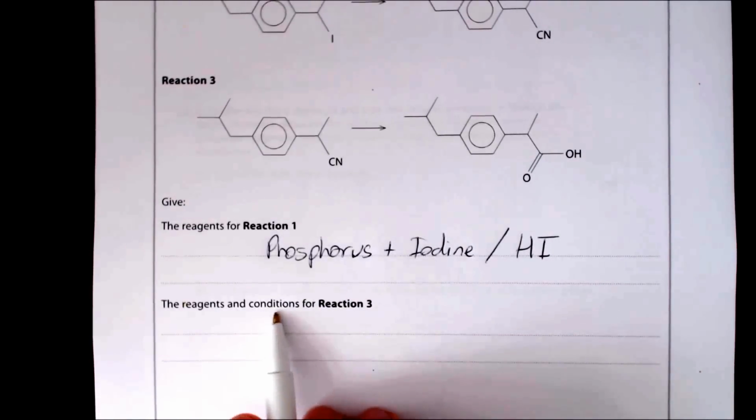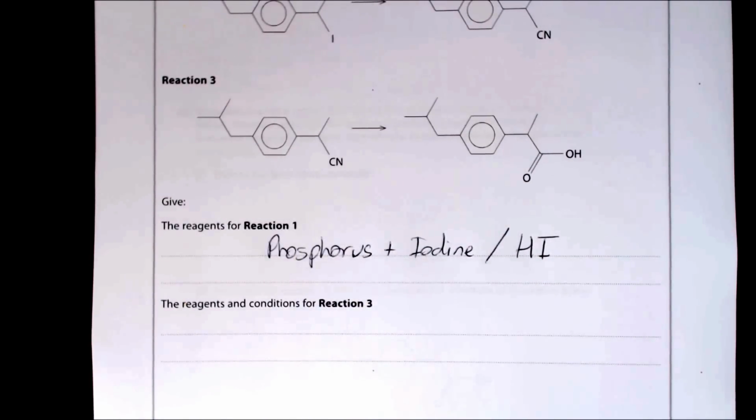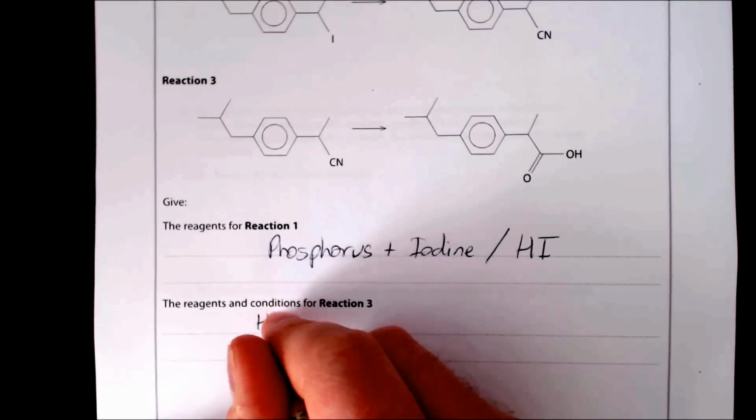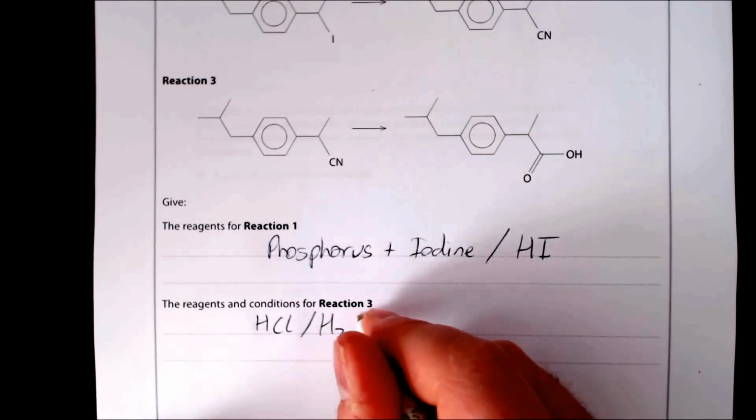It says the reagents and conditions for reaction 3. So the reagents that we require for reaction 3, which is this one here, is basically this is just the reagents. So we're looking for something like HCl or sulfuric acid. So acidic conditions, or a comment on acidic conditions.